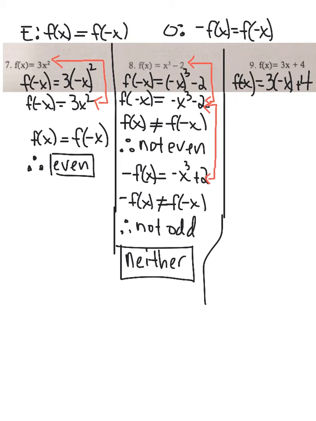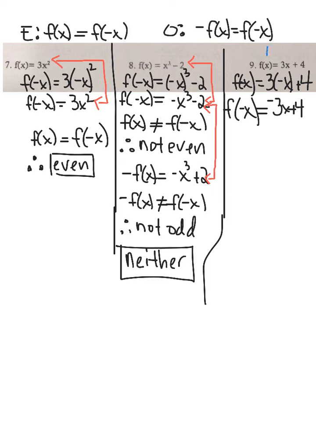So I'm going to start with f of negative x. And, oh, actually, we already have that. So why don't we just simplify that? Okay, so 3 times negative x is negative 3x plus 4. Okay, and then I'm going to group, because remember what the even rule is. It's up there at the top of the page. I'm just going to group, you know what, let me do this in blue, so just in case it runs into number 8 here.